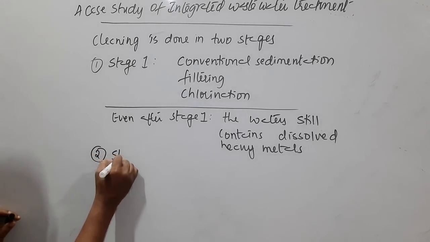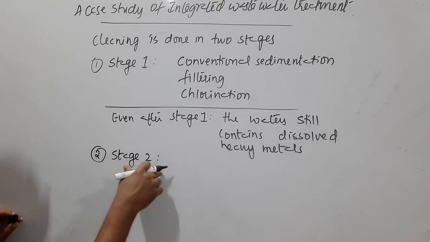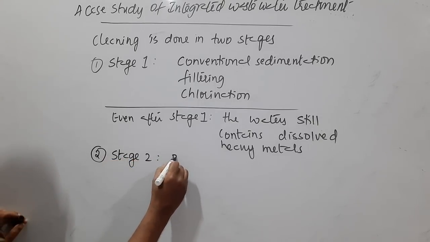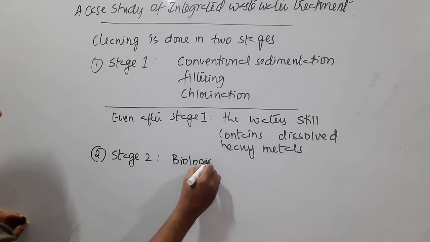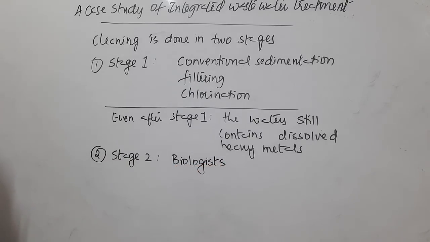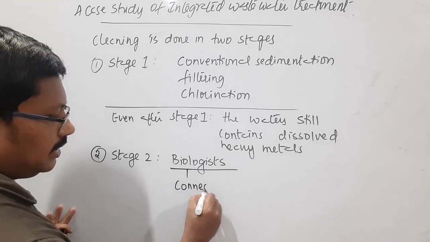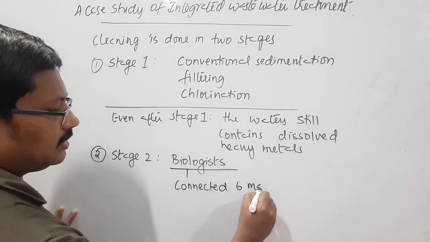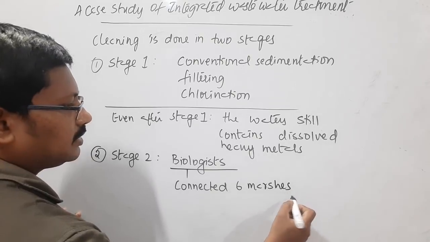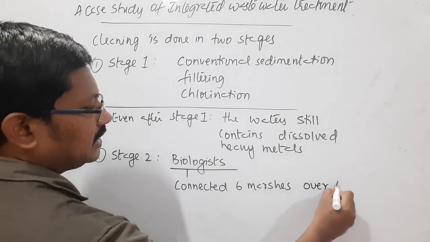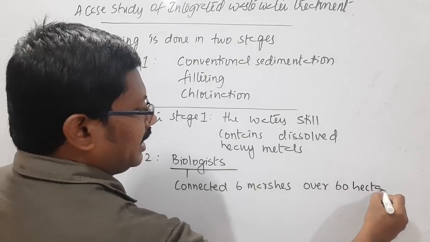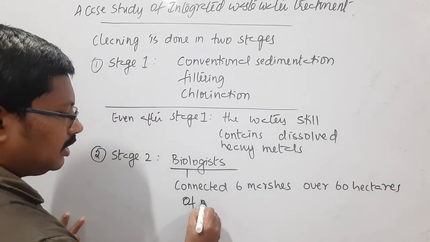So the second one is stage 2. In stage 2, the biologists connected six marshes over 60 hectares of marshland.